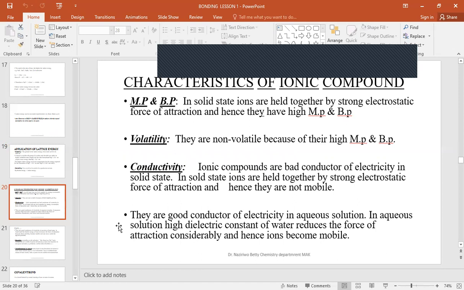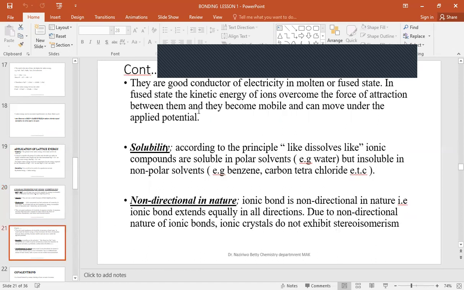But in solid form, the ions are not free, so the ionic compound does not conduct electricity in the solid state. Again, they are good conductors in molten or fused state. Why? The kinetic energy of the ions overcomes the forces of attraction between them, and they become mobile. So they can move and carry the current.